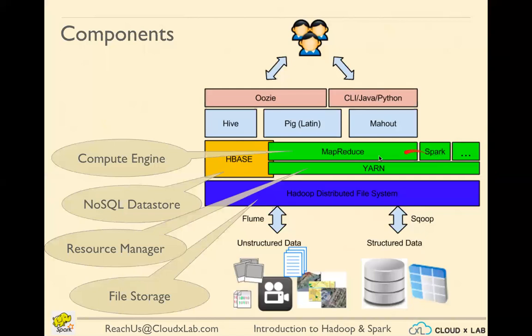Spark is a competitor to MapReduce. It lets us distribute the work on a YARN cluster. So we program to Spark. We write our programs and give them to Spark. Spark runs those programs nearer to the data via YARN.